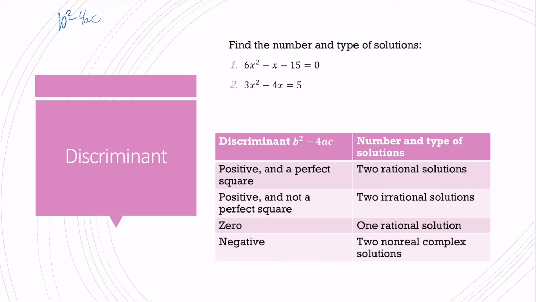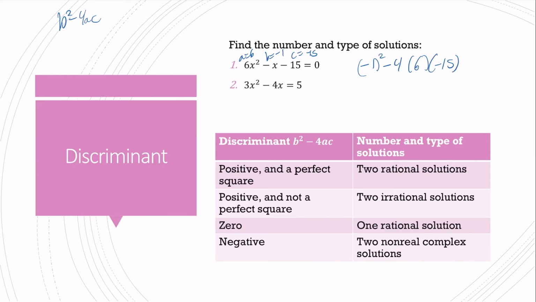So for problem 1, I have a is 6, b is negative 1, c is negative 15. So I have negative 1 squared minus 4 times 6 times negative 15.